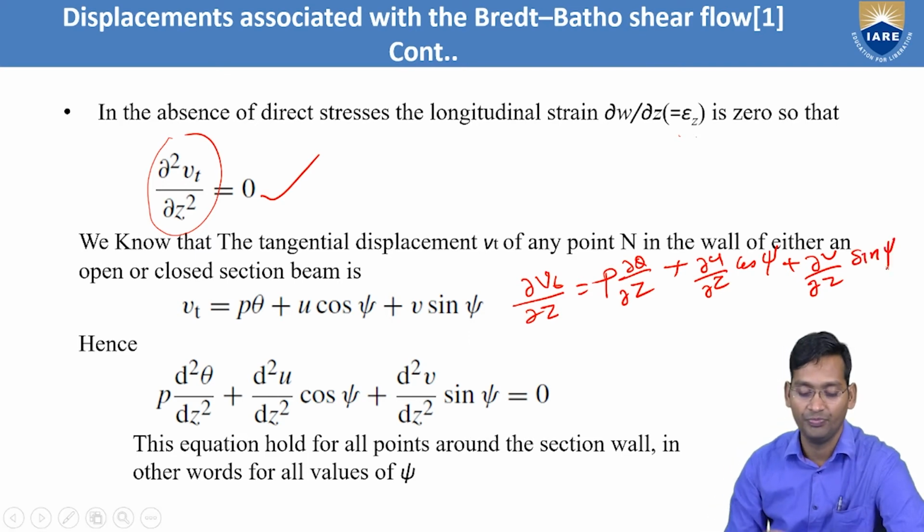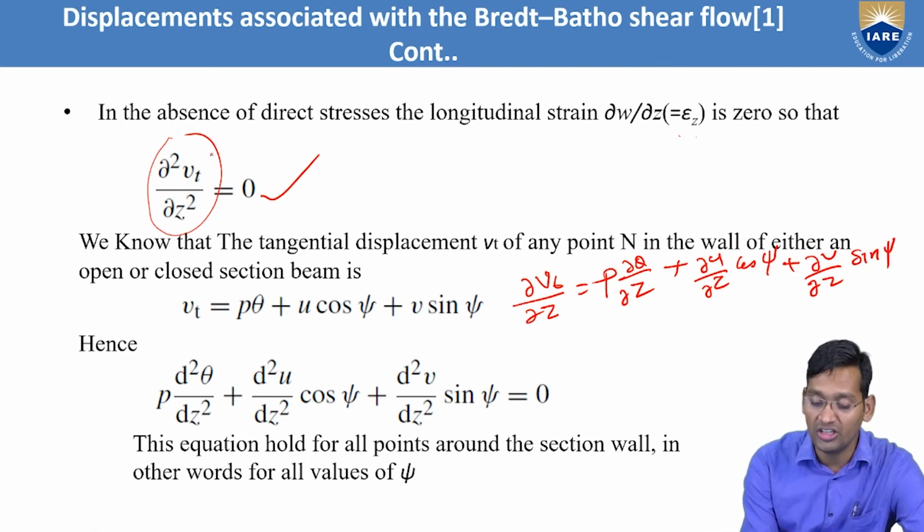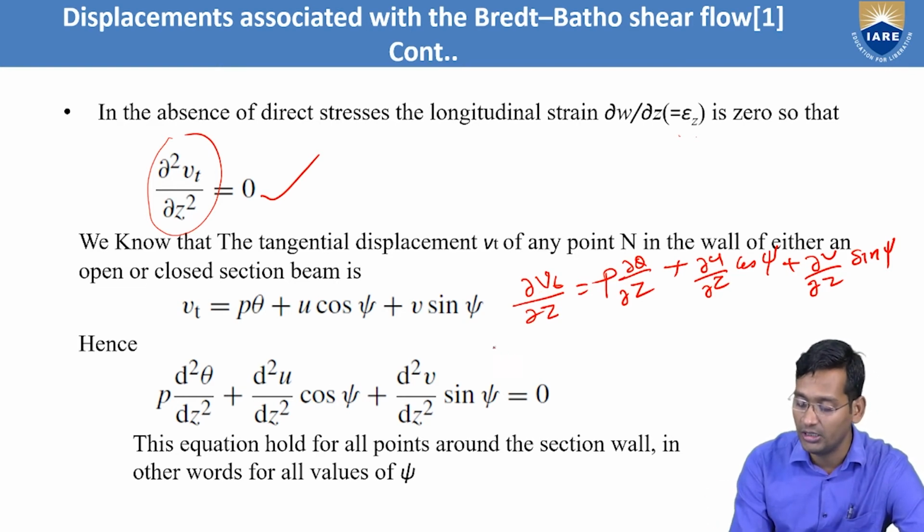That is the first integration. Integrate again, because then we can put the double integration value equal to 0. So integrating again, what will we get?